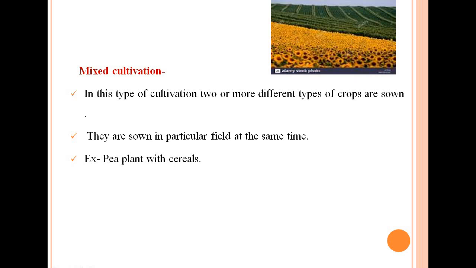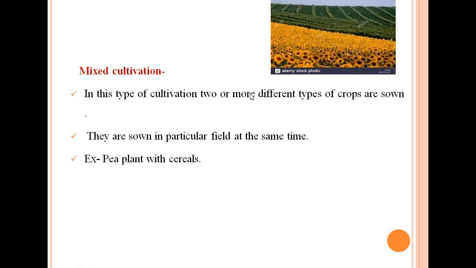So the crops chosen are such that the nutrient needs of one crop are fulfilled by the other. There is one condition on the basis of which the two or different types of crops are chosen. What is the condition? The crops that are chosen are such that the nutrient needs of one crop are fulfilled by the other.